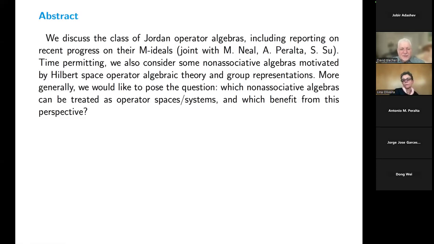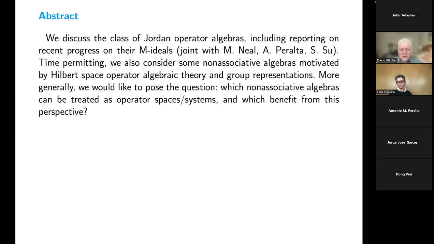Today I'm going to be discussing joint work with Matthew Neal, Antonio, who is here, and Shanshan Su, discussing the class of Jordan operator algebras and their M-ideals.